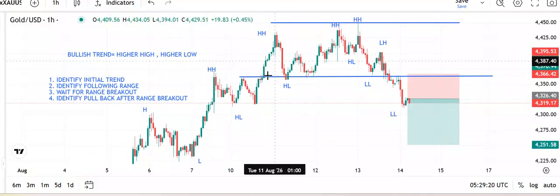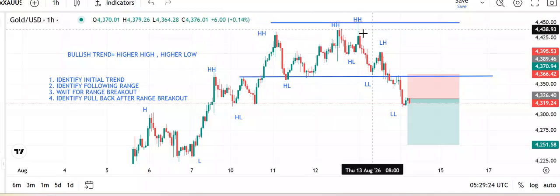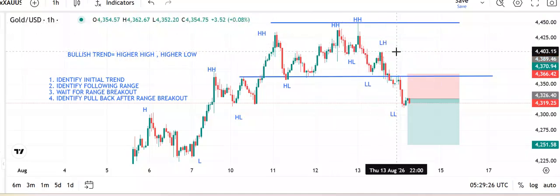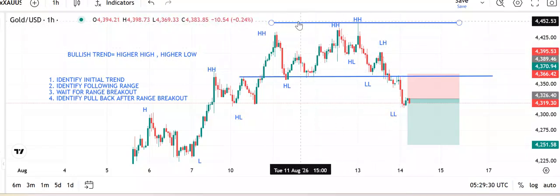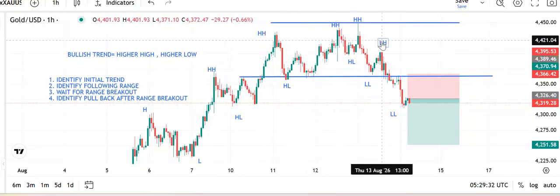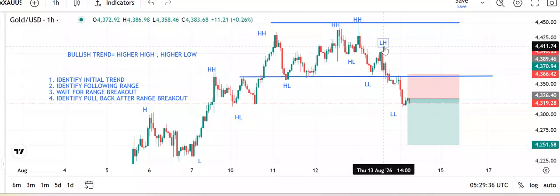Now this is your range where you have higher high, higher low, and then you have higher high, higher low, and then in that particular phase of the chart, you see lower low, lower high.